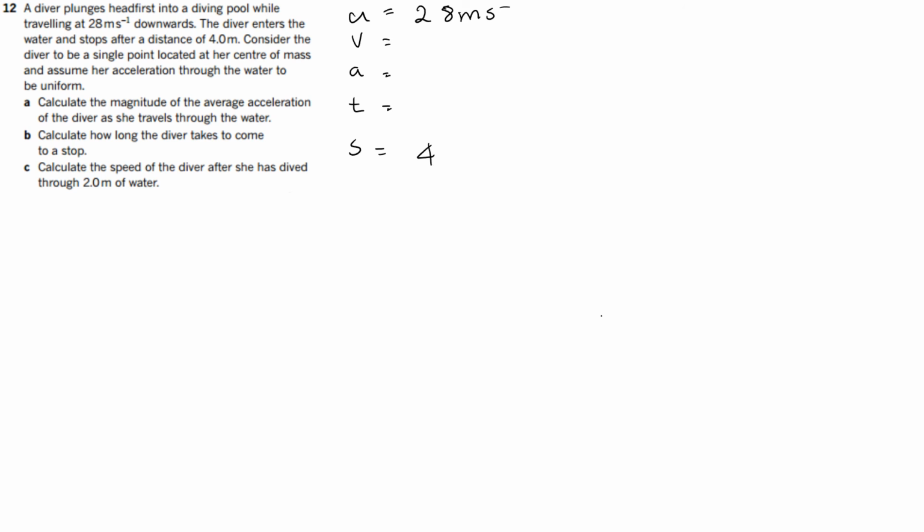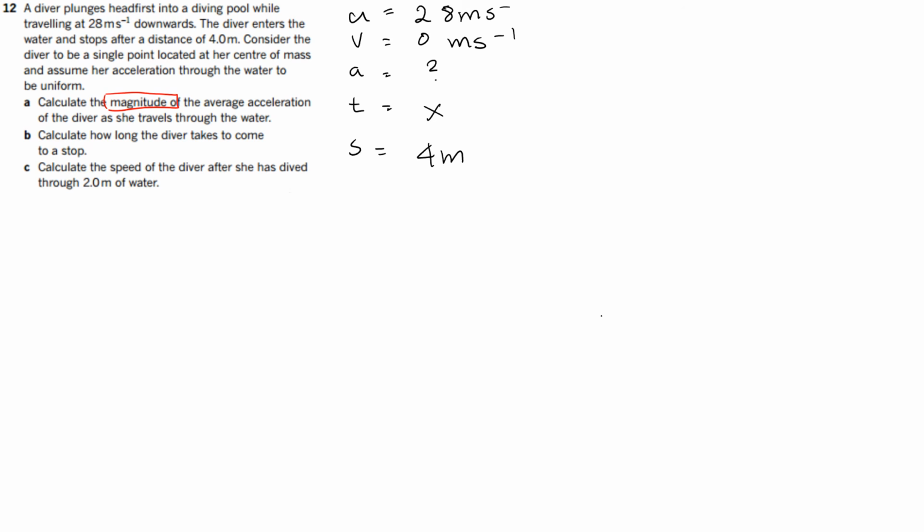So S is 4 meters, and it says stops. So our final velocity is 0 meters per second. Okay, acceleration is what we're trying to find, and we don't have time. So it says calculate the magnitude. Let's highlight that word. Magnitude of the average acceleration of the diver as she travels through the water.